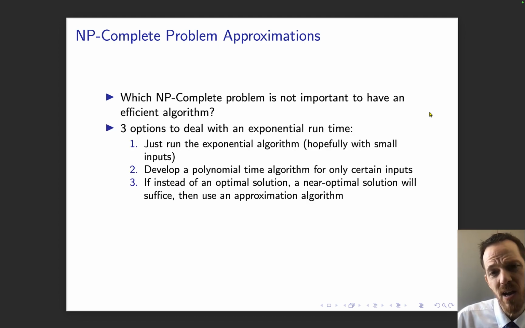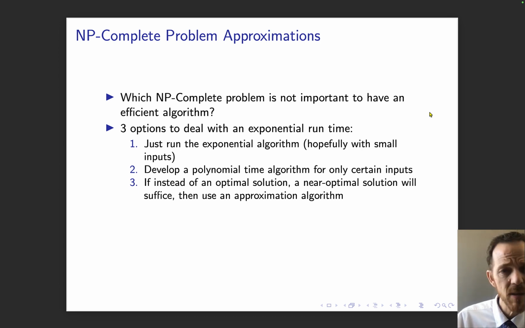So we have three main options for how to deal with this exponential runtime. You could think your boss is saying, hey, I need you to do this, and you're like, oh, that problem's NP-complete. Well, option one is, are your inputs small enough that you can just run an exact algorithm, even though it's going to run in exponential time? Maybe, probably not.